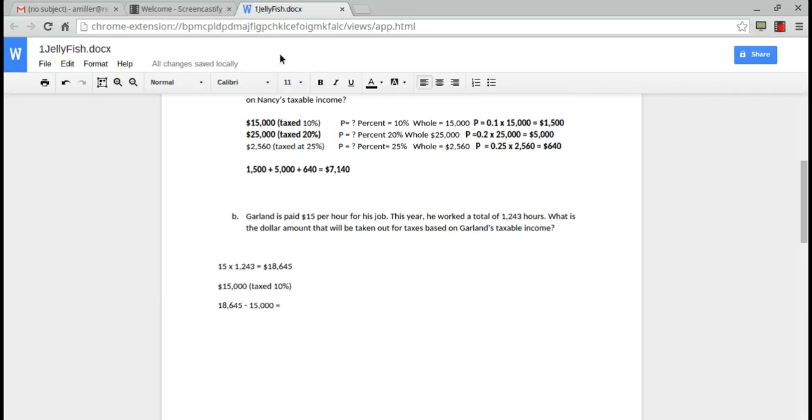And we are left with $3,645 that's going to be taxed in the second bracket. And this is going to be taxed at 20%, because anything greater than $15,000 is taxed at 20%. Okay, we don't have anything beyond that, so we're not worried about the third bracket at all.